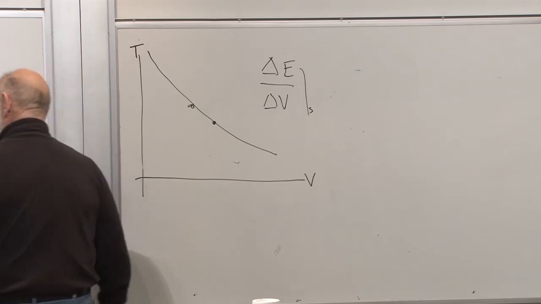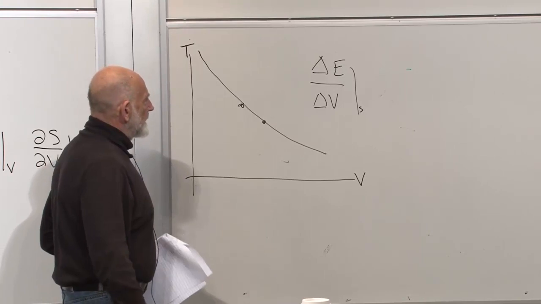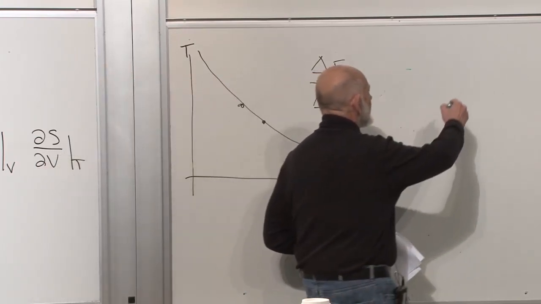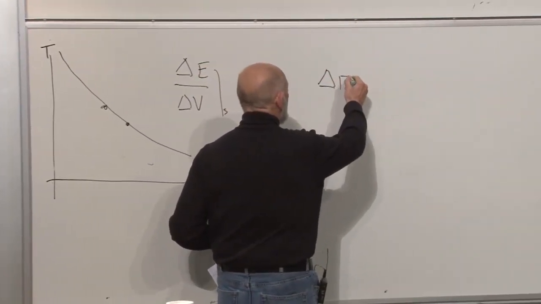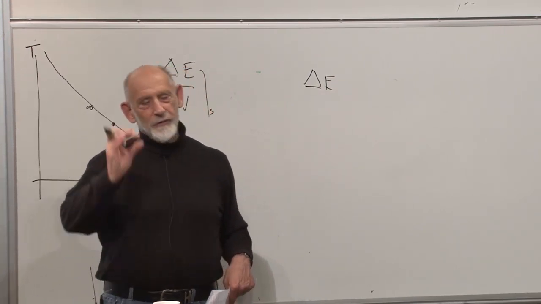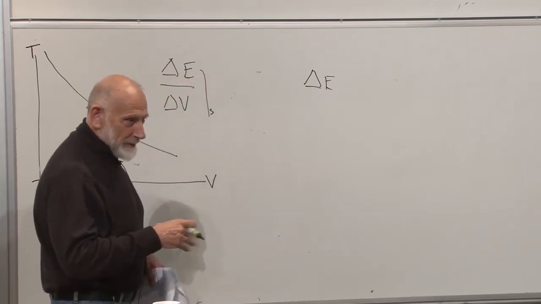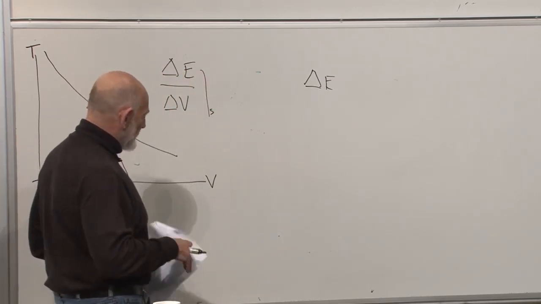Now, let's write down the following formula. When I'm using delta E, I'm not distinguishing it from dE. It's infinitely small. It's a differential. It just helps remember what you're doing to remember that they're ratios of small differences.